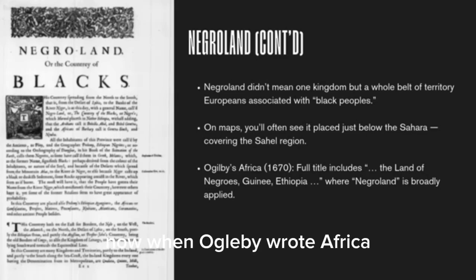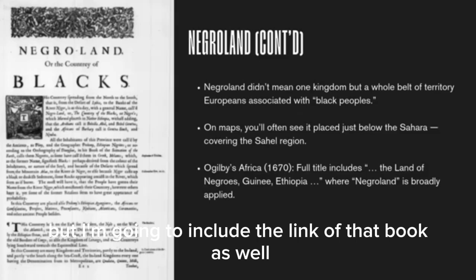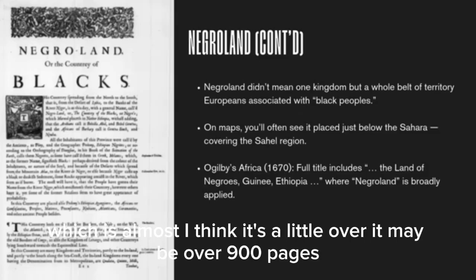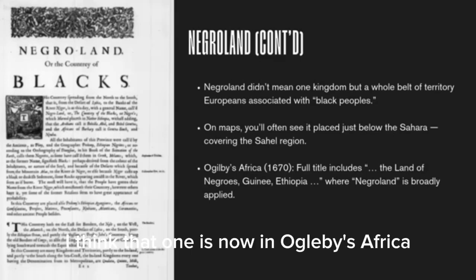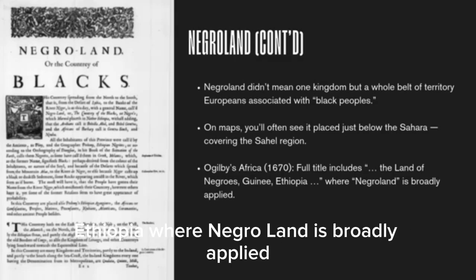Now, when Ogilby wrote Africa, the book, because there was another book, and I'm also going to include the link of that book as well, which I think is over 900 pages. Now, in Ogilby's Africa, the full title includes the land of Negroes, Guinea, Ethiopia, where Negroland is broadly applied.